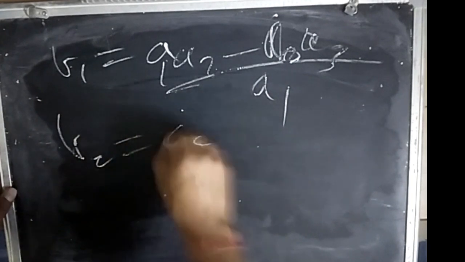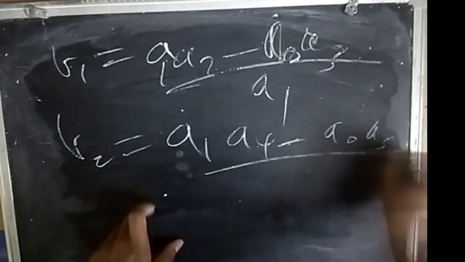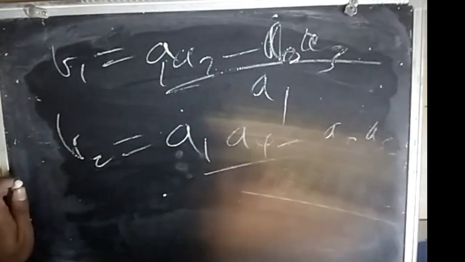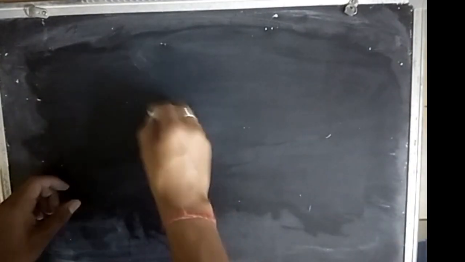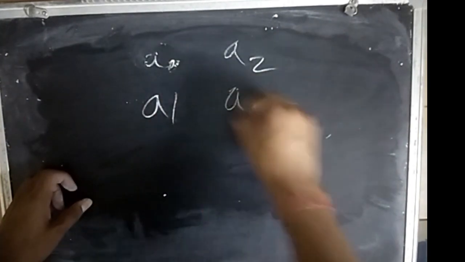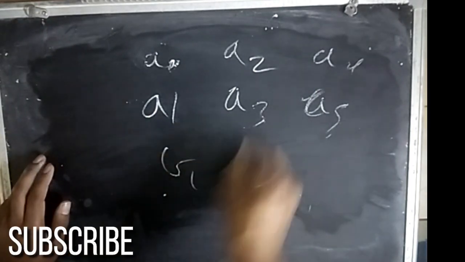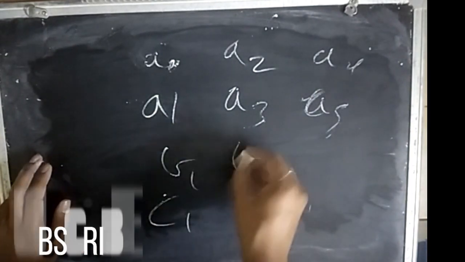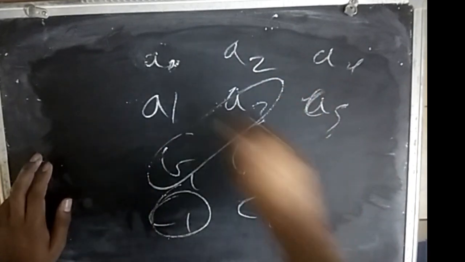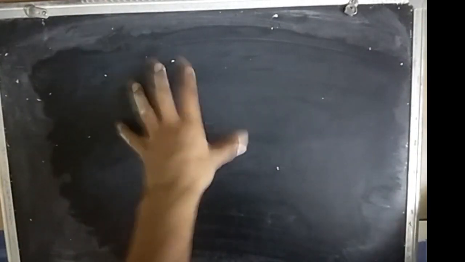Again, b2 is A1 into A4 minus A0 into A5, upon A1. For finding c, it works the same way, from the b1, b2 row you get c1, c2. Now do this like this. This comes as 0. So this way the Routh array would be built.